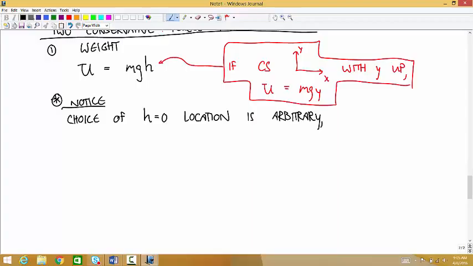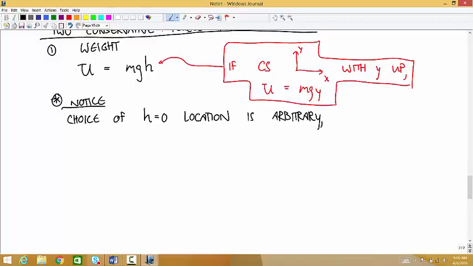All right, so this is an important thing to keep in mind about the potential energy for the weight. For any problem, your choice of where you're calling height equals 0 is totally arbitrary. The only reason we're using potential energy is in the work energy principle, and the work energy principle says all that matters is the change in potential energy.